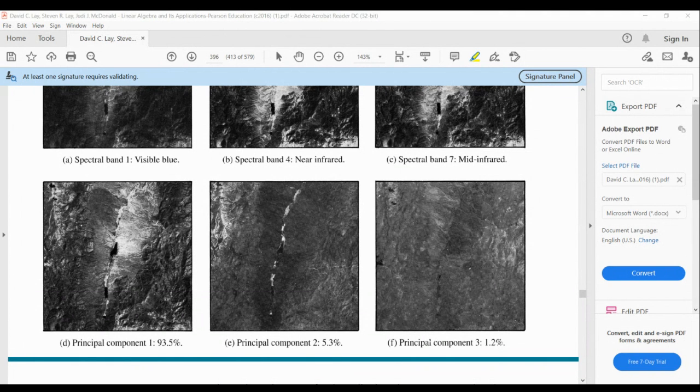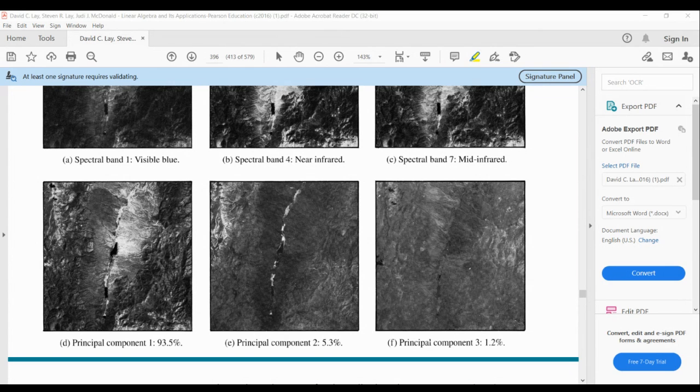The data varies across different parts of an image, but there's a key component that explains 93.5% of the picture. Then for E, there's a principal component that explains 5.3% of the picture. And in F, there's another component which is 1.2% of the picture.